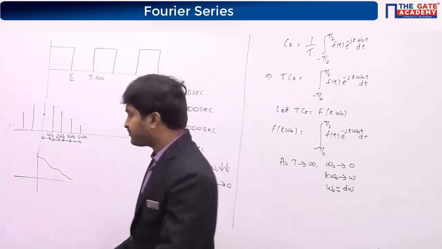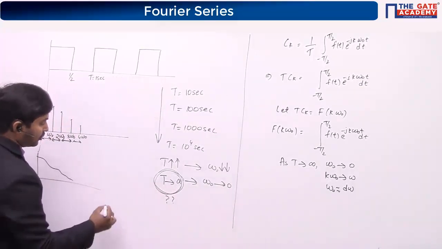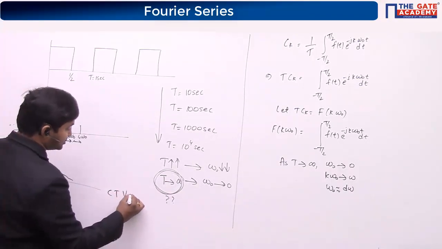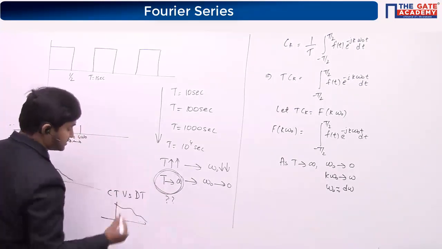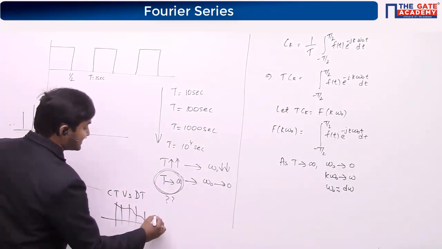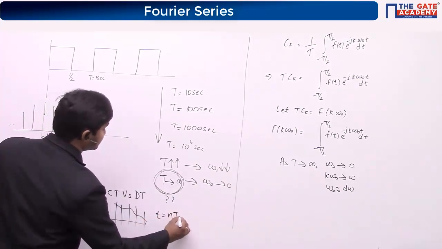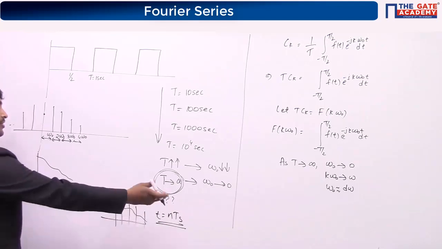If you remember, when we talked about continuous time and discrete time functions, when we tried to convert a continuous time function into discrete time, we replaced t with the term nTs. I am sure all of you are aware of this.